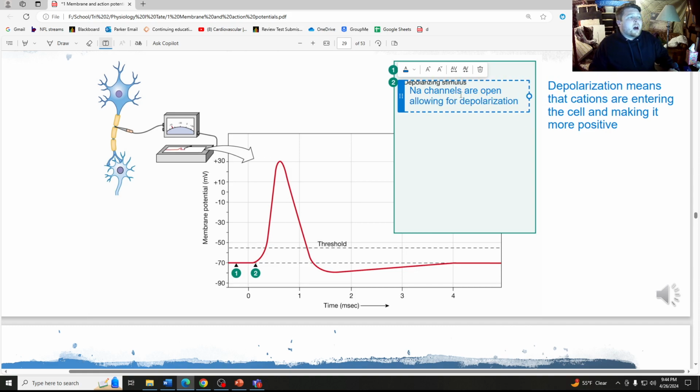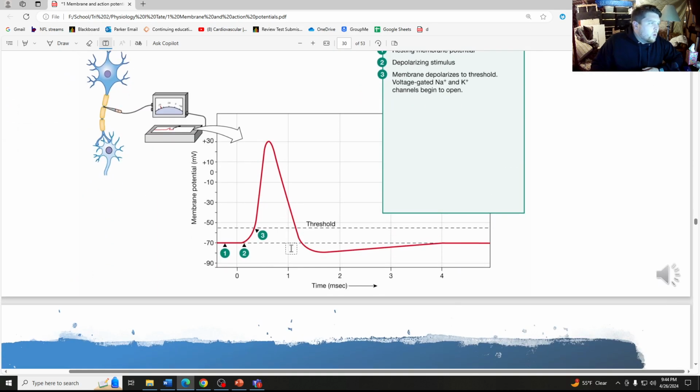And these are not necessarily gated sodium channels. Specifically, understand that these are not voltage-gated channels. Okay, that's going to come later. These are not our voltage-gated channels. They're just regular sodium channels. They are going to allow for some of the beginning depolarization, specifically to threshold. Okay. Good.